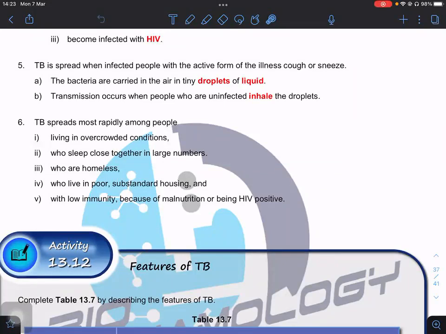For example, those who have received an organ transplant. Organ transplant patients receive an organ from another individual, and in order to reduce the risk of rejection, most recipients receive immunosuppressive treatment, which means suppressing the immune system.